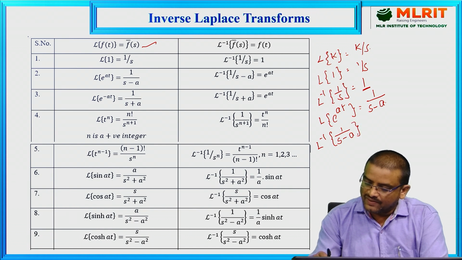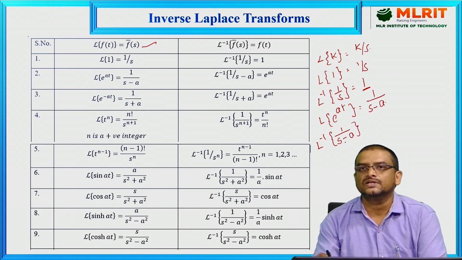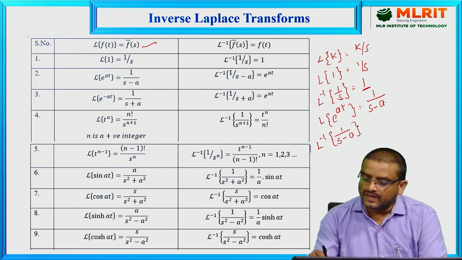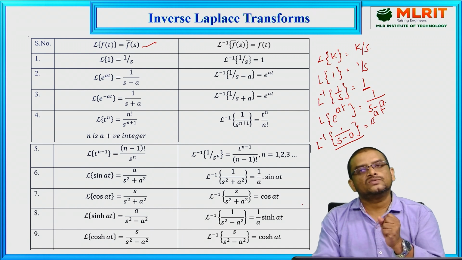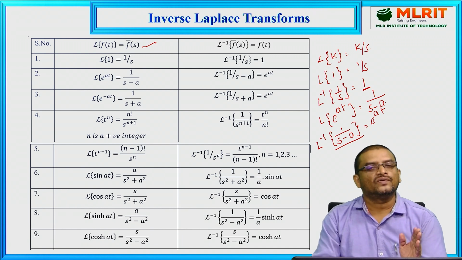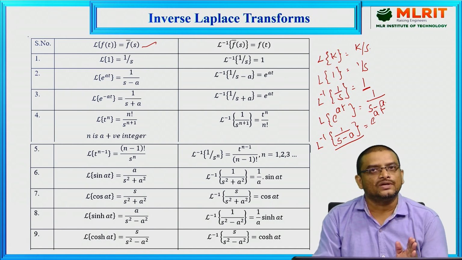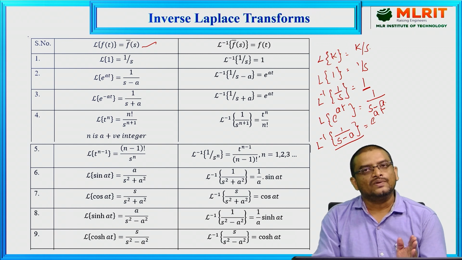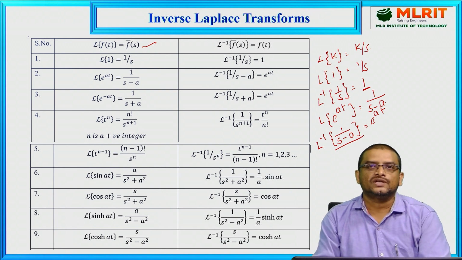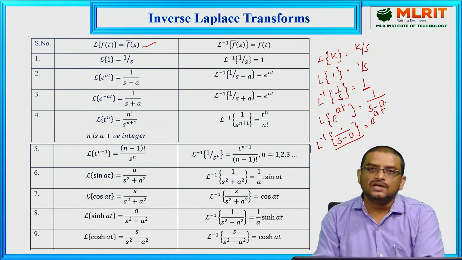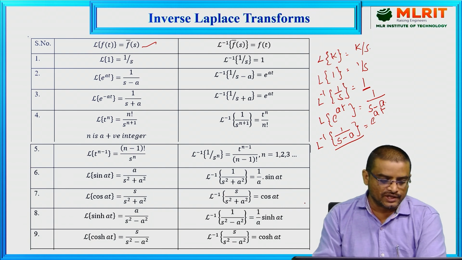Whenever we have a function f bar of s in this form, 1 by s minus a, then we can take its value as e power at. So it is very clear that once you are perfect with the Laplace transform formulas, then by using those formulas we can get the inverse Laplace transform formulas. So this is the list of inverse Laplace transforms.